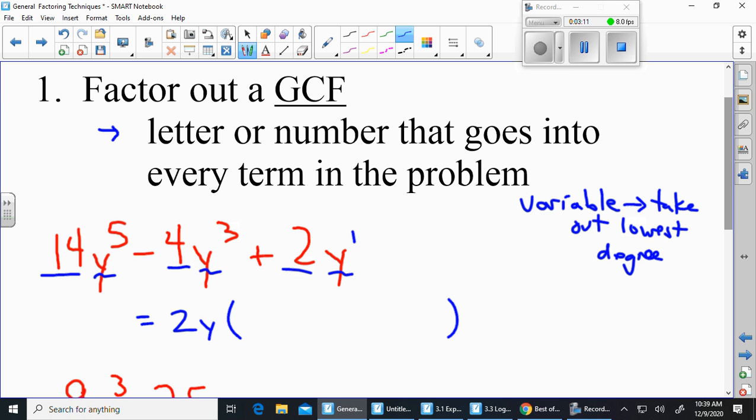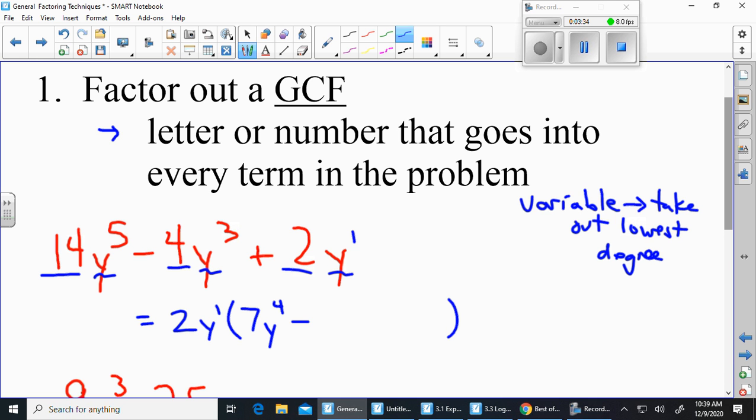So then when you're doing this, you either think, what do you multiply 2y by to get 14y to the fifth, or you take 14y to the fifth divided by 2y. 14 divided by 2 is 7. If you take 1y away from 5y's, you have 4 left.